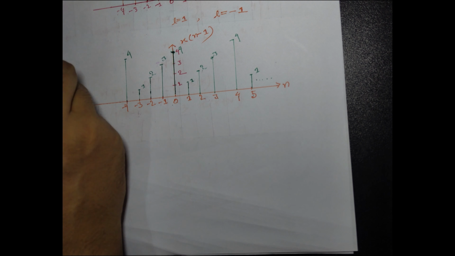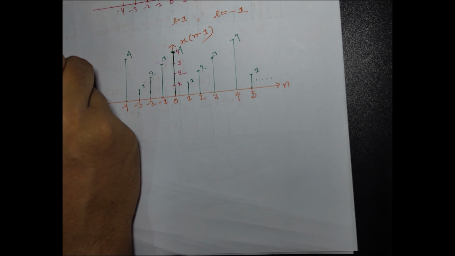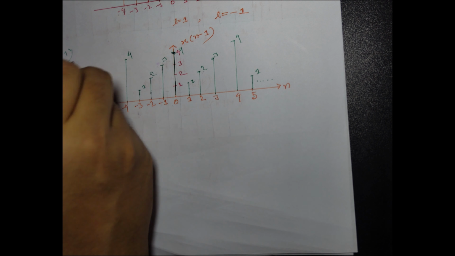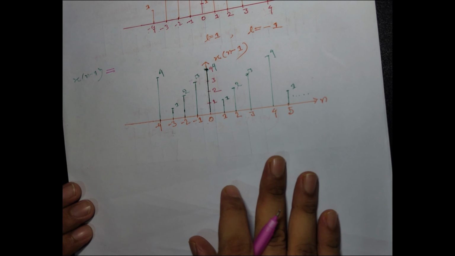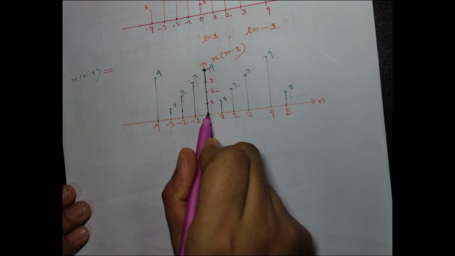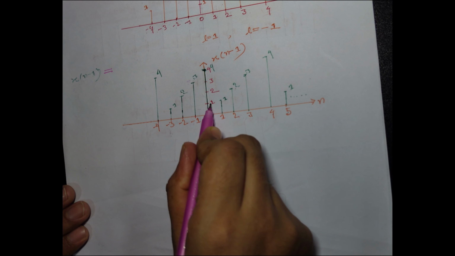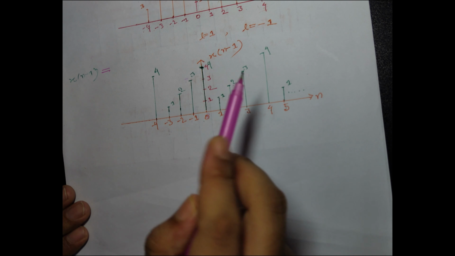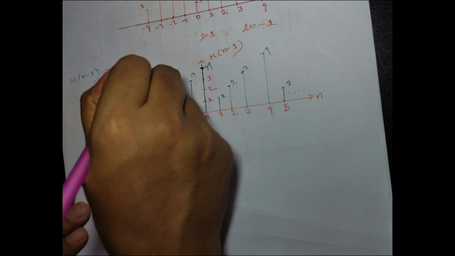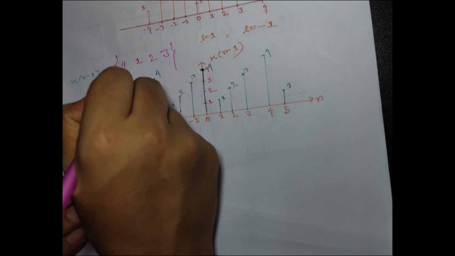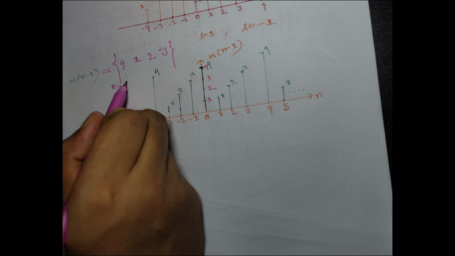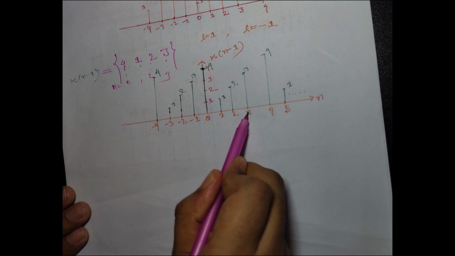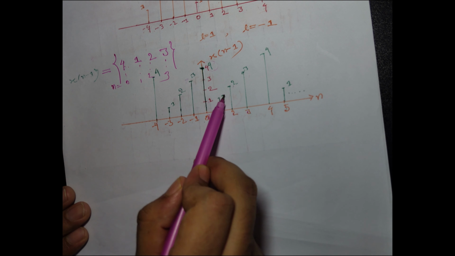That means for this signal we get x of n minus 1 equal to 4, 1, 2, 3 at n equals 0, 1, 2, 3.